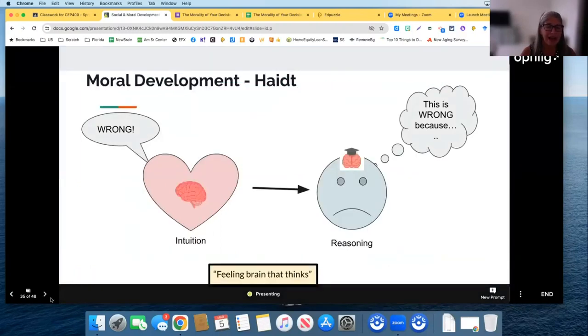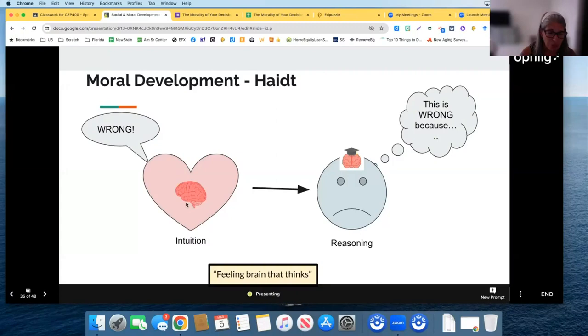Haidt talks about moral development. He says that we have an intuition and we can feel like something is wrong. We have the feeling brain that thinks. So we start with this intuition, but actually reasoning can help us change our mind about what's right and wrong.